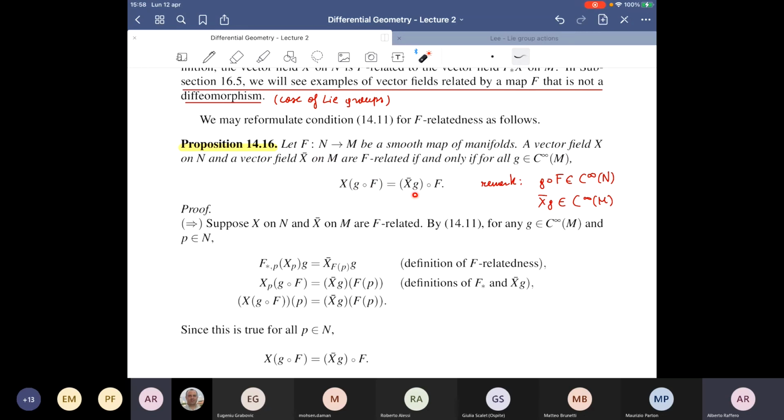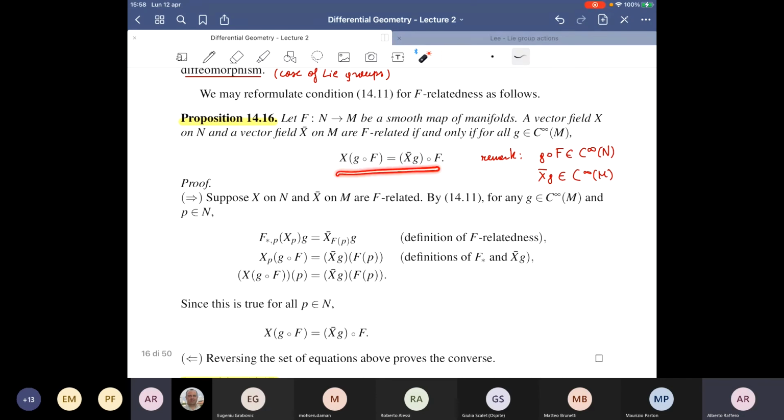Here we have this function G, which is a smooth function on N. It makes sense to apply the vector field X-bar to it. This will be a smooth function on N, and then it makes sense to compose it with capital F. So this is a test to prove that two vector fields are related by means of some smooth function.